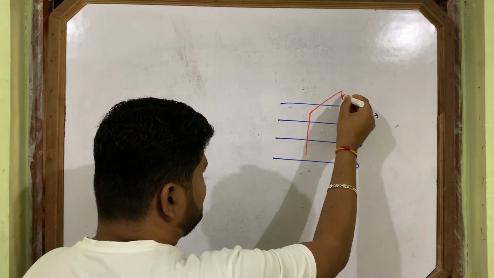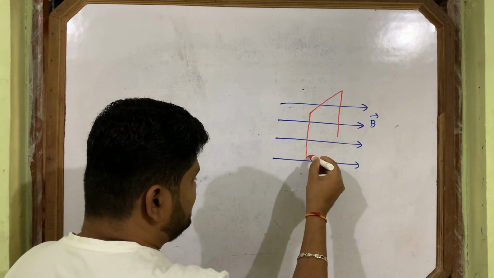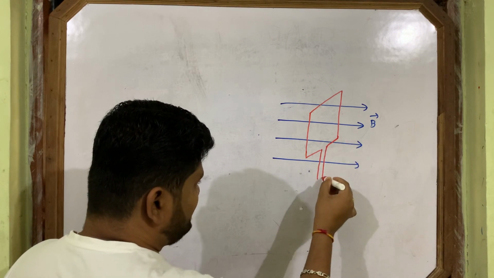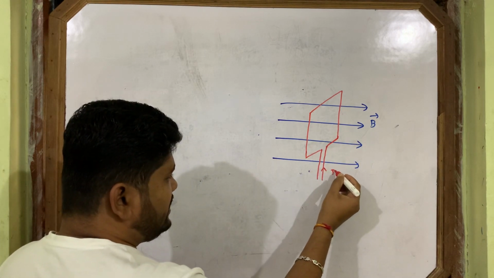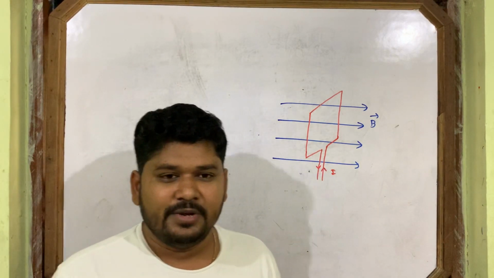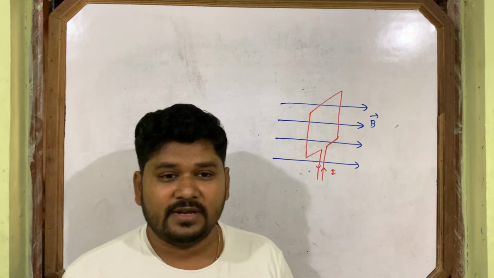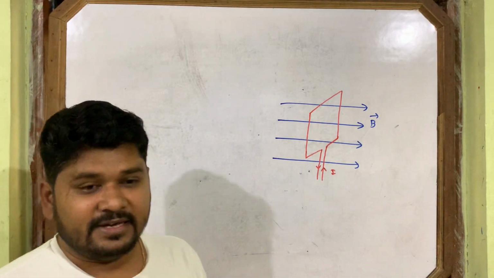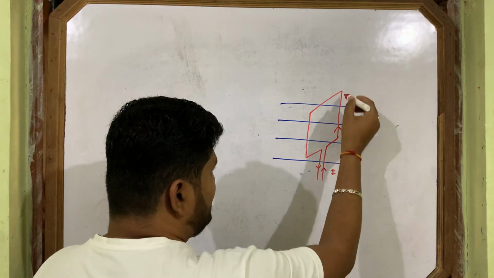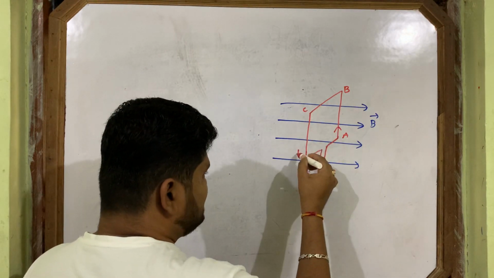I am making the conductors like this, just forming a loop. Current passes. Current carrying four conductors forming a loop, forming a coil. Rectangular coil I have made. When they are placed like this, A, B, C, D.